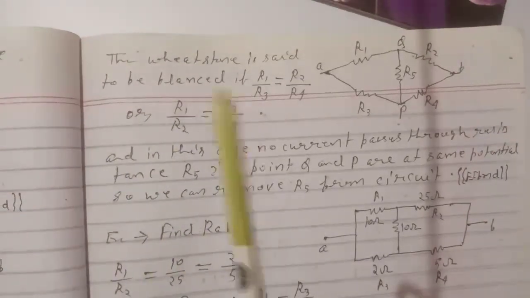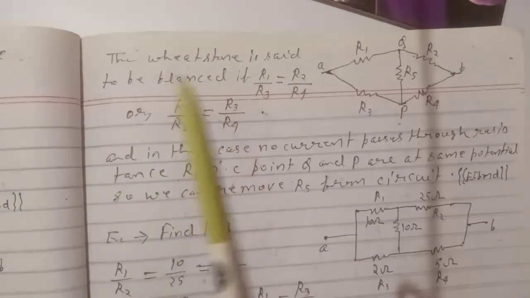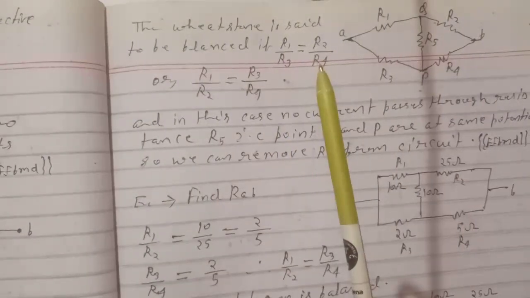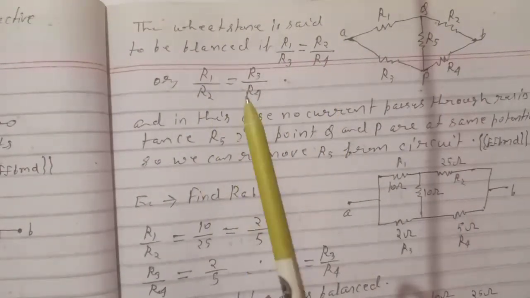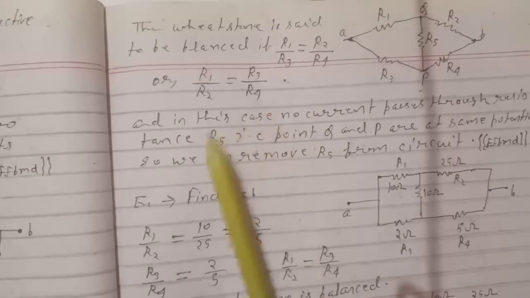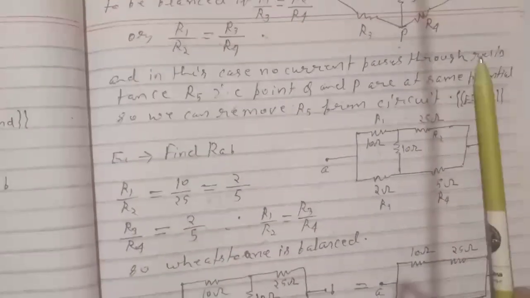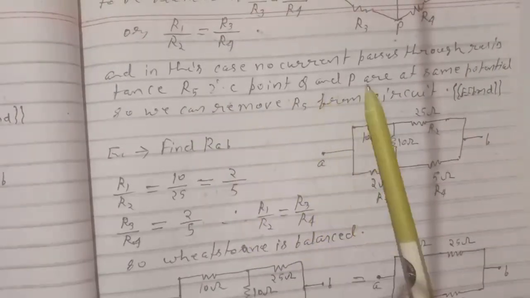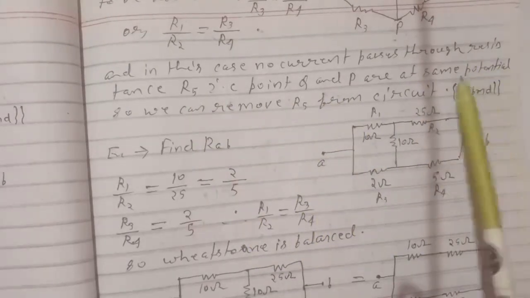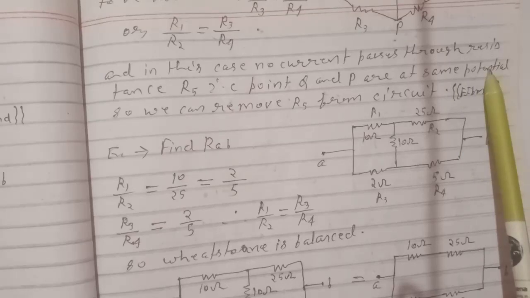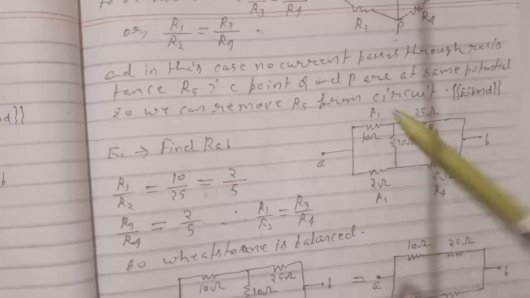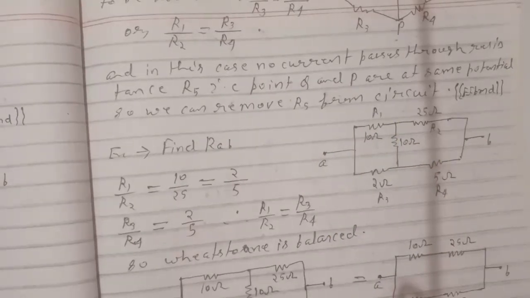In this case, no current passes through resistance R5, that is, points Q and B are at same potential. So we can remove R5 from the circuit to solve the problem.